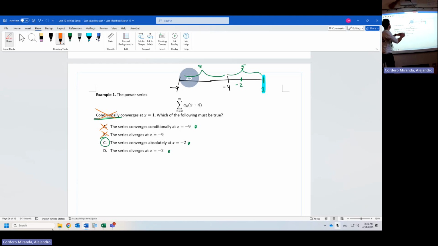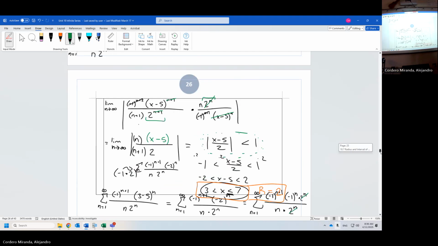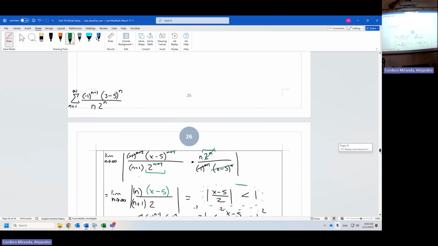So maybe the a sub n must have some rule where it has a 5 on the bottom that cancels the 5 that you would get right here. Like what happened last time, or in this example.